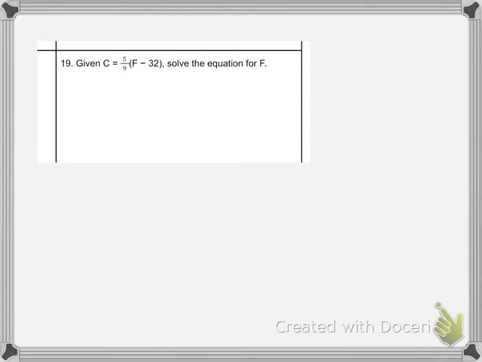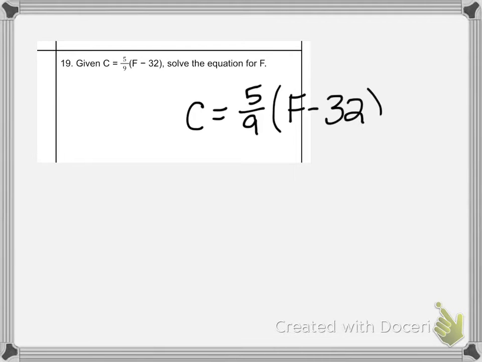All right, and number 19, we have an equation, and they're asking us to solve for f, so I'm going to kind of rewrite it so it's a little bit bigger for my handwriting. So I have 5 over 9 C equals f minus 32, and they're asking us to solve for f. So when we talked about this before, we talked about the fact that we need to kind of get rid of this fraction, and we're going to do that by multiplying by the reciprocal.